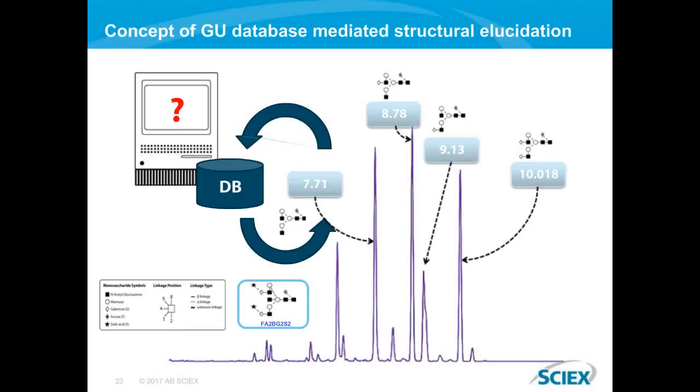Then what happens? It goes into the database, and the database provides the structures which correspond to those glucose unit values. This is the old-fashioned way to do it, requiring running the ladder and running your sample. And if you would like to be very, very precise, you run the sample, the ladder again, and the other sample. So it always doubles up the separation time requirement.